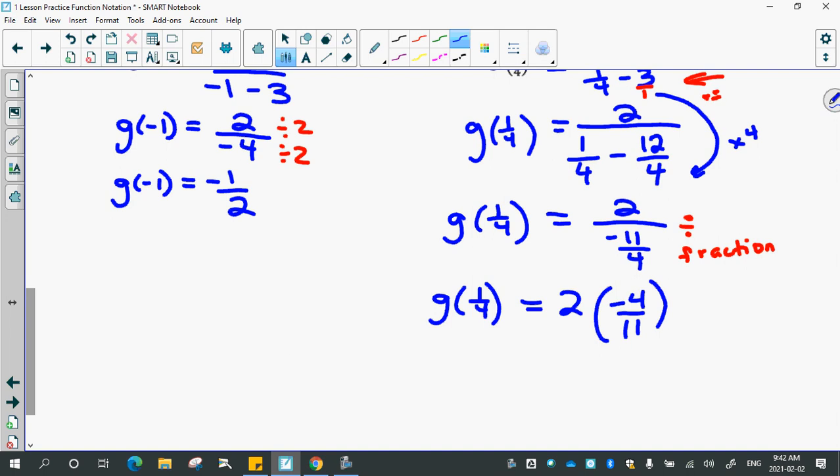I always just leave the negative with the top. Reciprocal means flip, okay? So you've changed the dividing question into a multiplying question. And multiplying is multiply the tops, multiply the bottoms, reduce. So that's going to give me negative 8 over 11. Which doesn't reduce, but now it's just a 2-layer fraction, and so that's my answer.